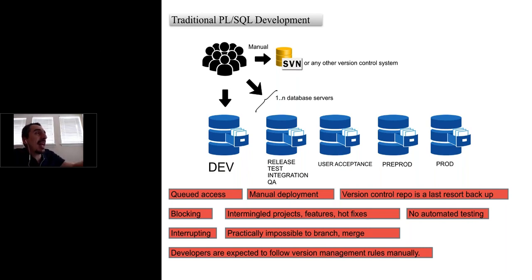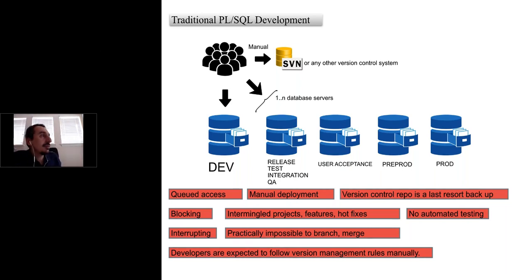And some people have an SVN or TFS or some other version control system on the side. What they do is they either code on files or they code in the database mostly, and manually check in the code to SVN. Sometimes they use a tool. The best I've seen is that sometimes they use a tool-dependent feature, like Toad has a button where you can check things in and out.